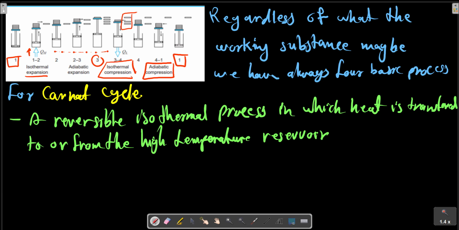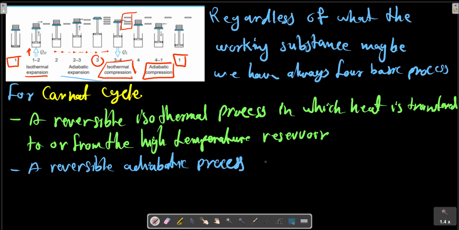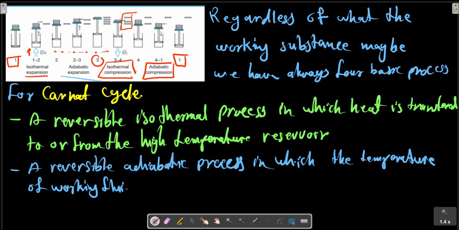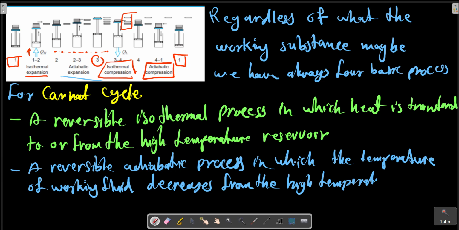The second is a reversible adiabatic process, as shown here, in which the temperature of the working fluid decreases from the high temperature to the low temperature.